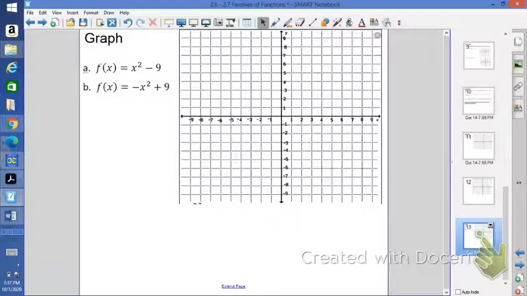Alright, and then for the last one here, we're back with quadratics. So y equals x squared is the parent quadratic. That looks something like that. So let's graph x squared minus 9. We're not adding or subtracting anything to the x. The x is not inside parentheses with a number.